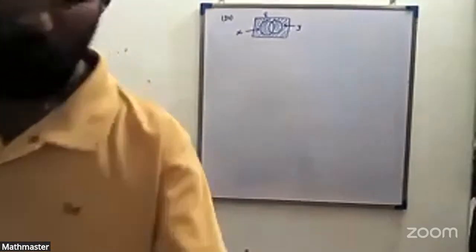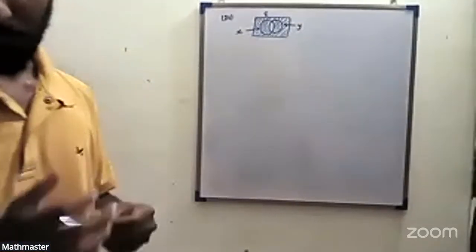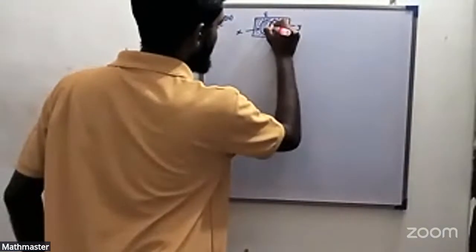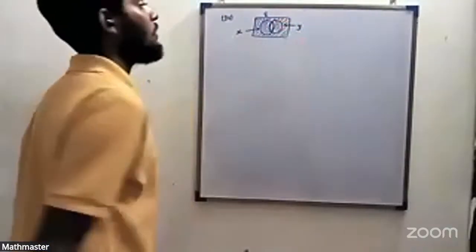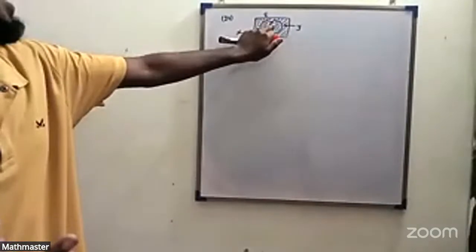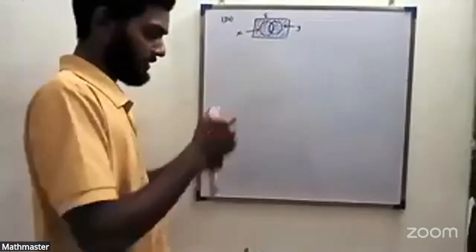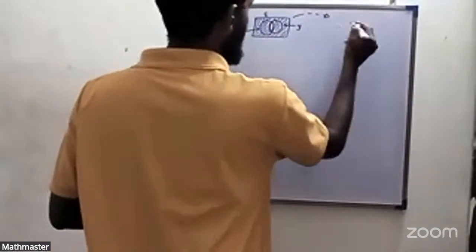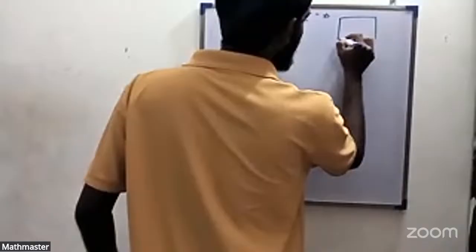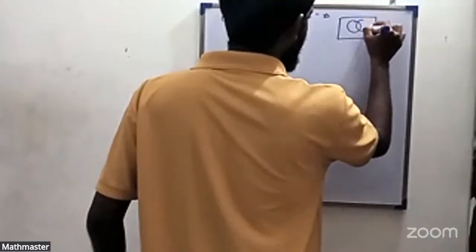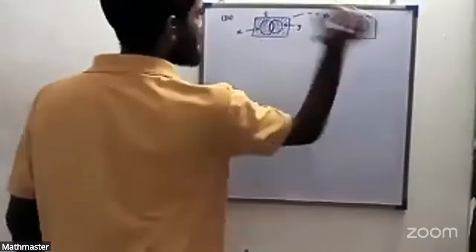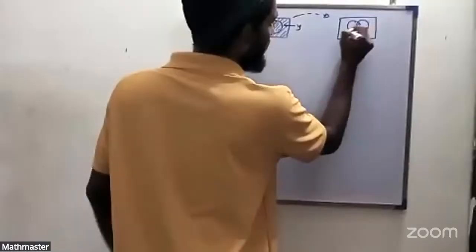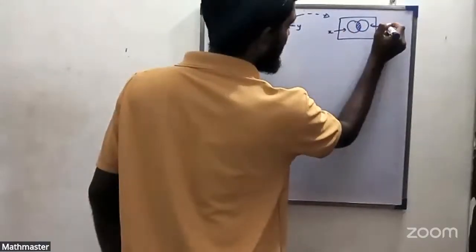Now see which region is not shaded. First of all, you have to identify which region is not shaded. This region is not shaded. Now think, if this region was shaded and the other parts were unshaded, what is the set notation for that?